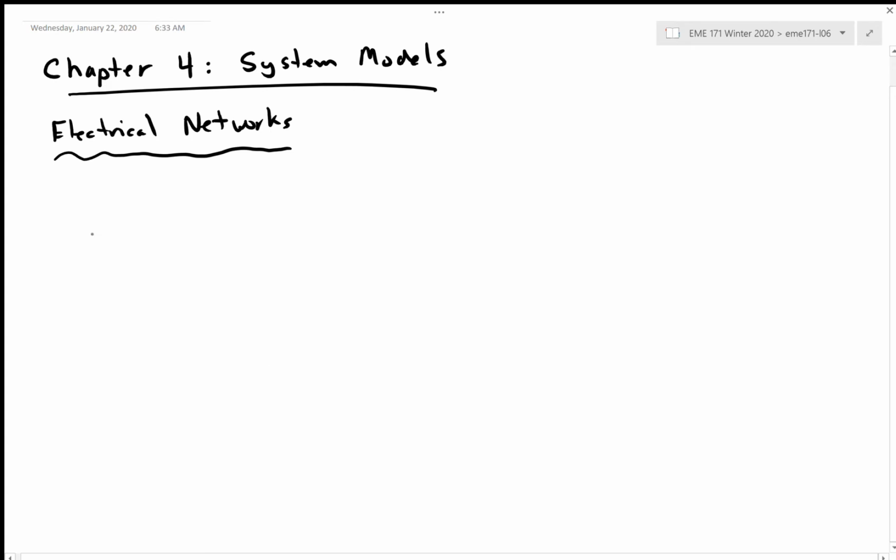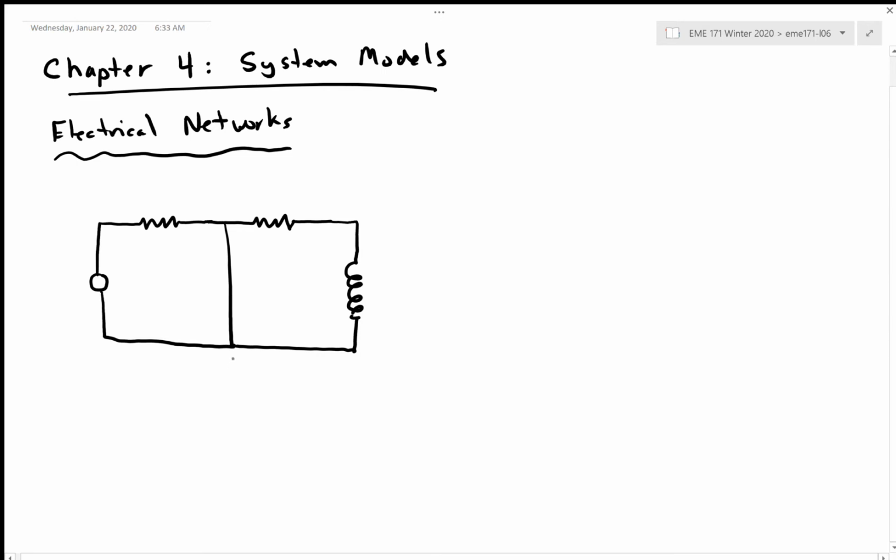Alright, so I'm going to draw a little circuit that should look familiar, or at least the components of should look familiar. Alright, so what do we have here? I am going to the left. This is a voltage source, that small circle.